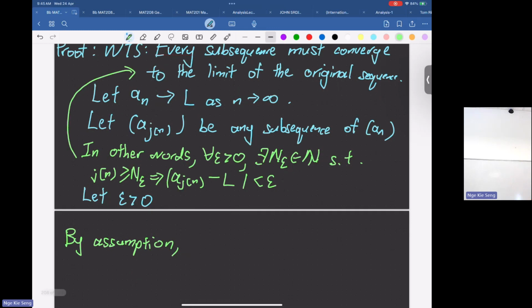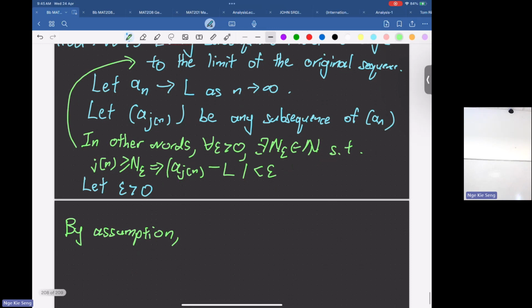So we let epsilon greater than 0. By assumption, we know if we fix epsilon greater than 0, an converges, right? So there's a God-given natural number here.